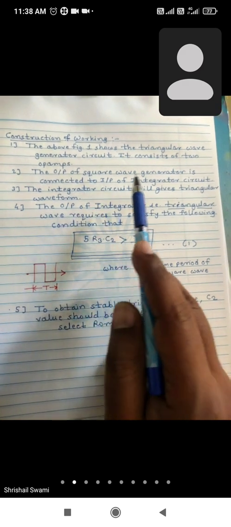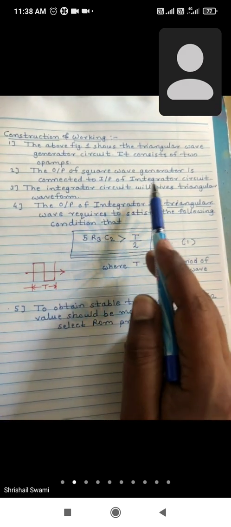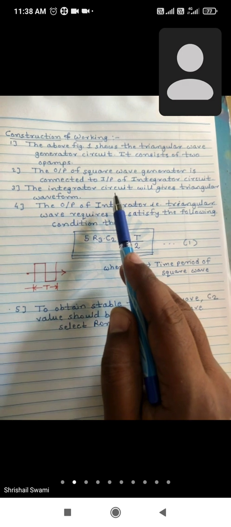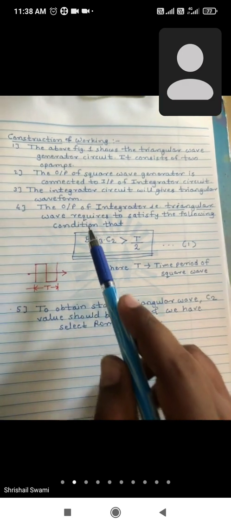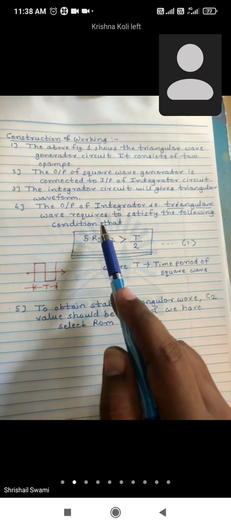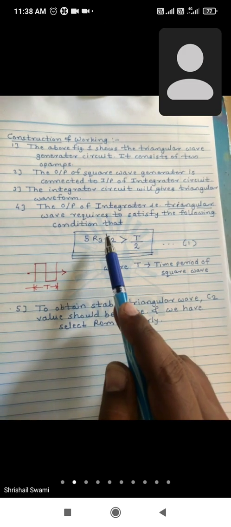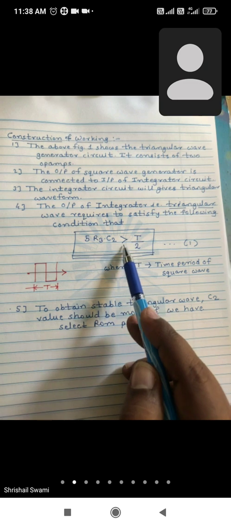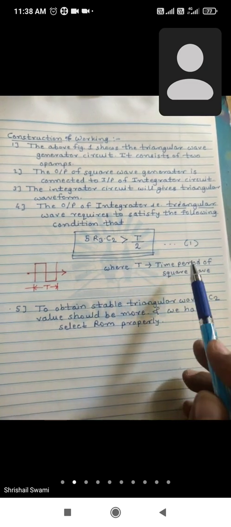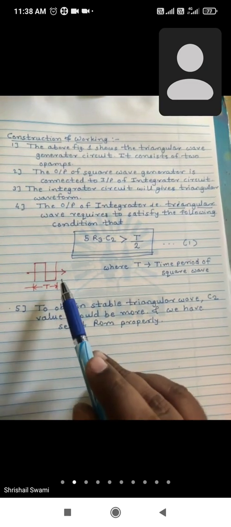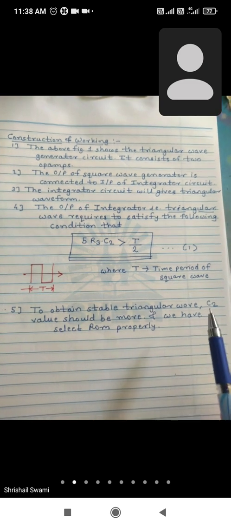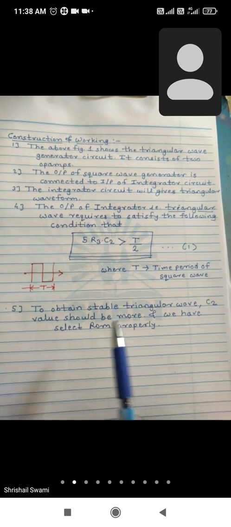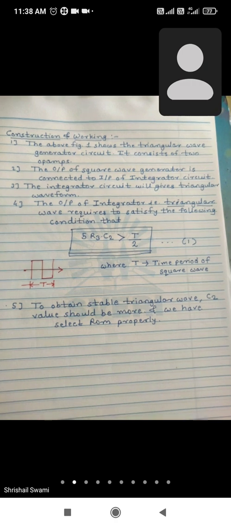The output of the square wave generator is connected to the input of the integrator circuit, which will give the triangular waveform. For the output of the integrator to be a triangular wave, the time constant pi into R3 into C2 should be greater than T by 2, where T is the time period of the square wave input. To obtain a stable triangular wave, the C2 value should be more, and we have to select R properly.